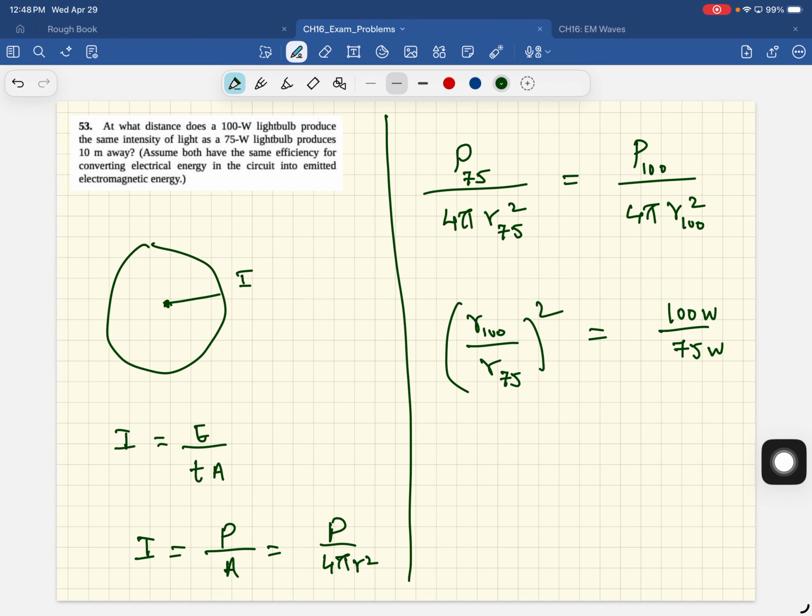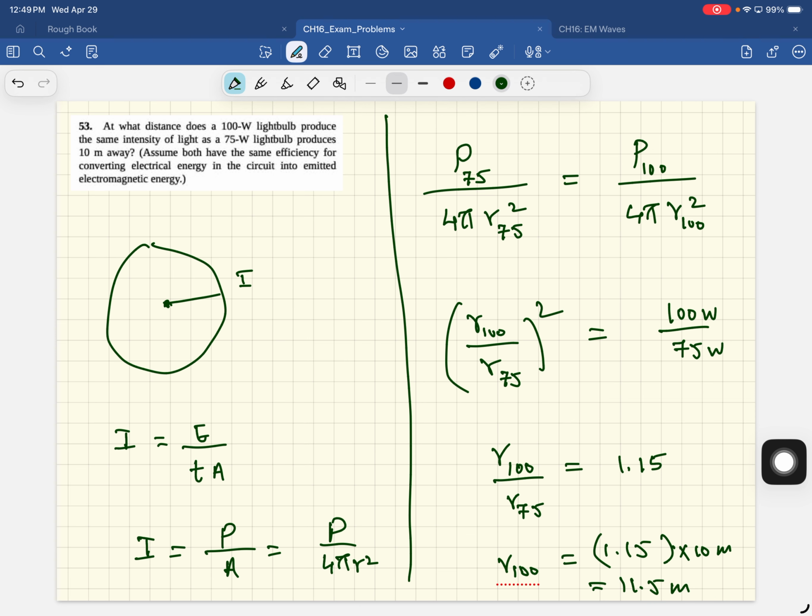So R100 divided by R75 equals the square root of 100 divided by 75, and that gives 11.5 meters.